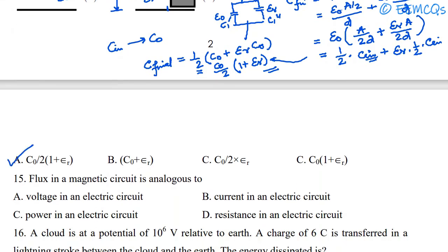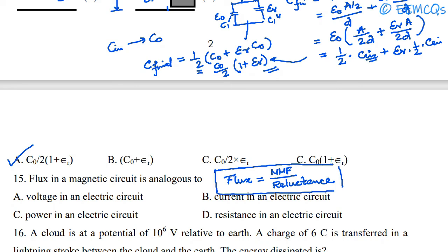Next, the question number 15. Flux in a magnetic circuit is analogous to, what do we know about flux? The flux in a magnetic circuit is given by MMF, or the magnetomotive force, by reluctance. Now if we have to compare this with an electrical circuit, in an electrical circuit we get the current is equal to voltage by resistance.